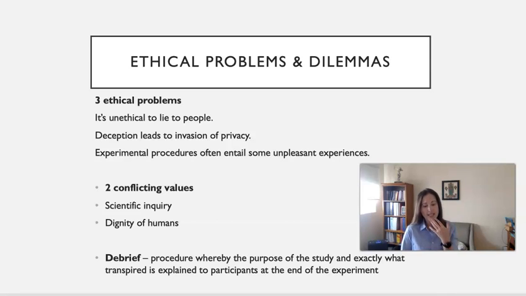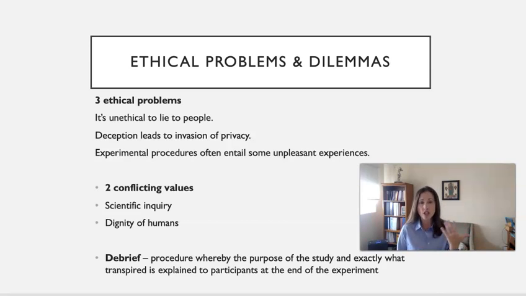In general, experiments that have deception can be concerning because with that lying, you are taking away some of their dignity as humans in order to get at that scientific inquiry. And so you have to do what Aronson says is basically a cost-benefit analysis.